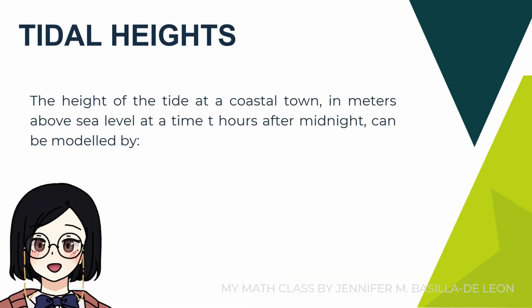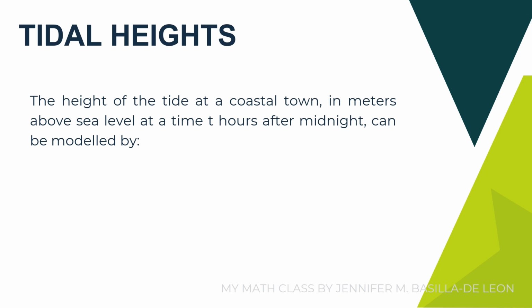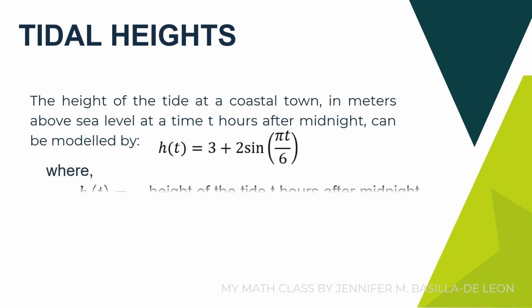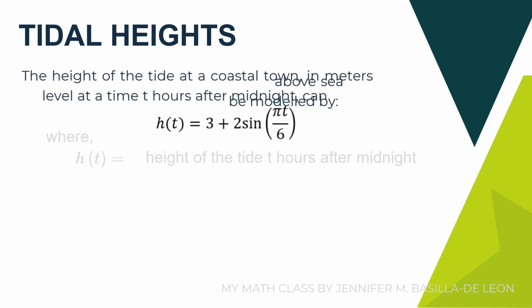For instance, the height of the tide at a coastal town, in meters above sea level, at a time t hours after midnight can be modeled by the function h of t equals 3 plus 2 times sine of pi t over 6. In this function, h of t represents the height of the tide and t is the number of hours since midnight. Now let's answer some questions.